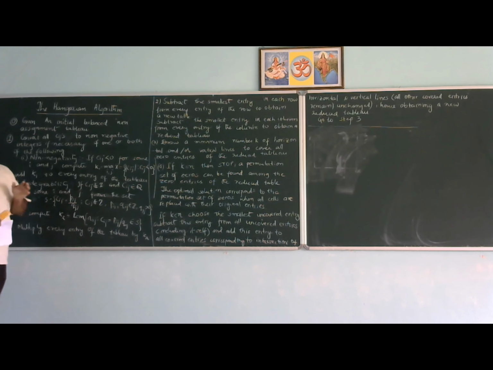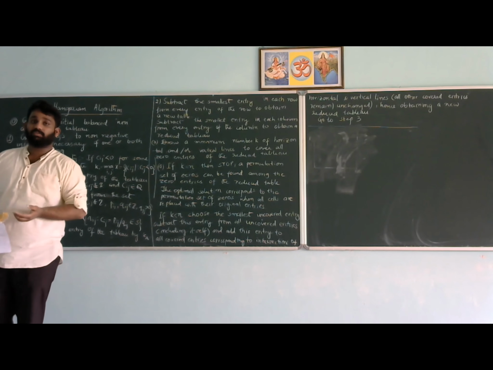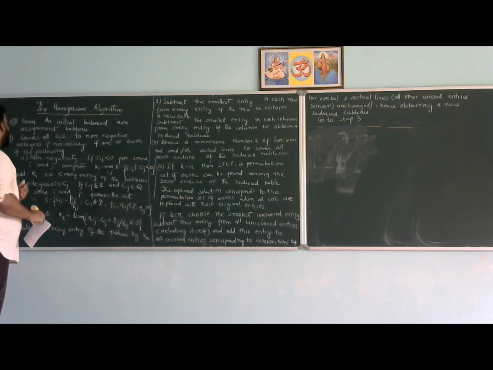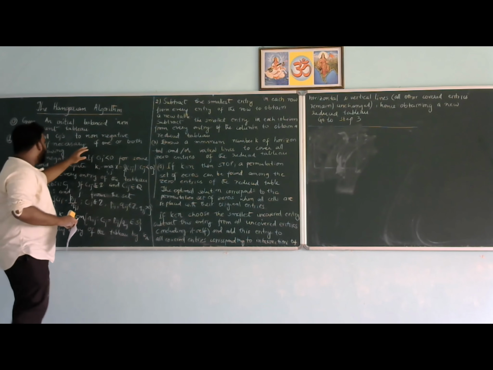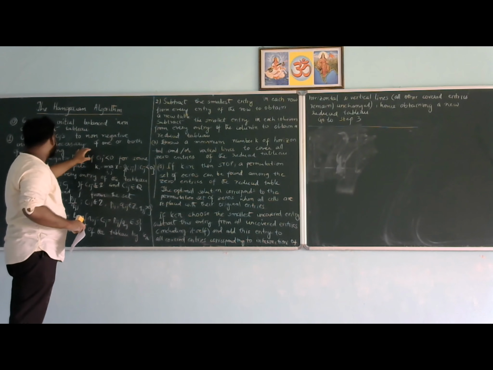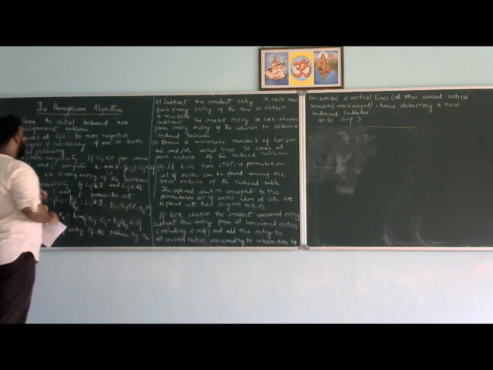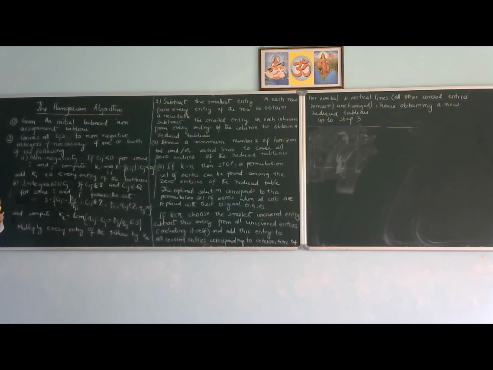If the table involves non-negative integers, fine; if the table involves negative integers, we have to convert it into non-negative integers. So if necessary, use one or both of the following steps.